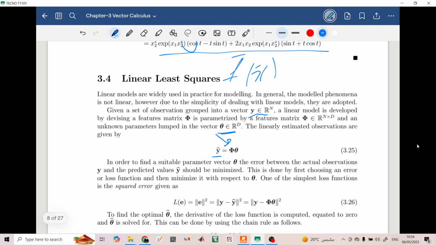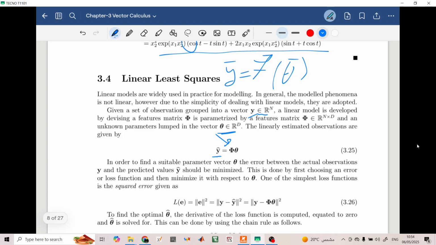So let's say we have y, which is a vector. There's some kind of governing relationship between y and theta. So this is a vector valued function, right?